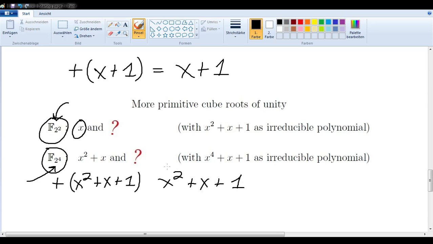So to check these answers, obviously, we would just have to multiply x plus 1 to the third power, and then divide by this irreducible polynomial here, and indeed the remainder that we would get would be equal to 1. Same goes for this case when we divided by this irreducible polynomial.